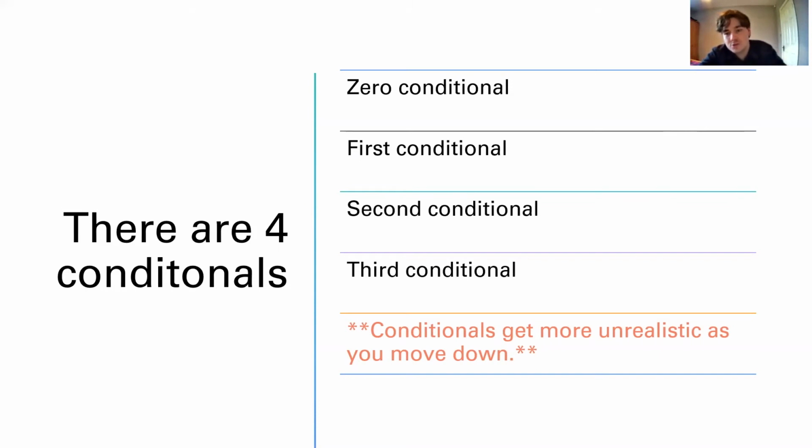The 0 conditional is always true. First conditional will probably happen in the present or the future. Second conditional is an imaginary situation in the present or future. The third conditional is an imaginary situation in the past. So it's getting further back and more unrealistic.